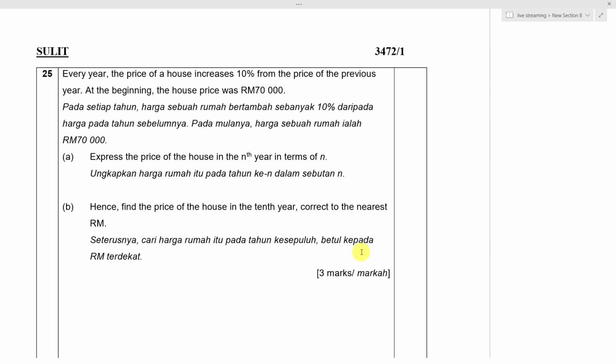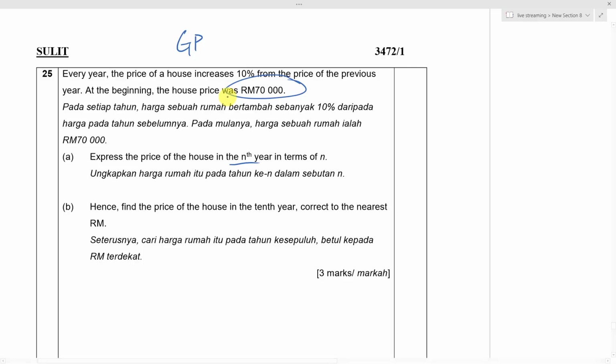Okay, let's finish the last question. Express the price in terms of n. That means they want to know what is Tn. Tn is quite simple because we know this is a GP, because the price is 10% more than the previous year.